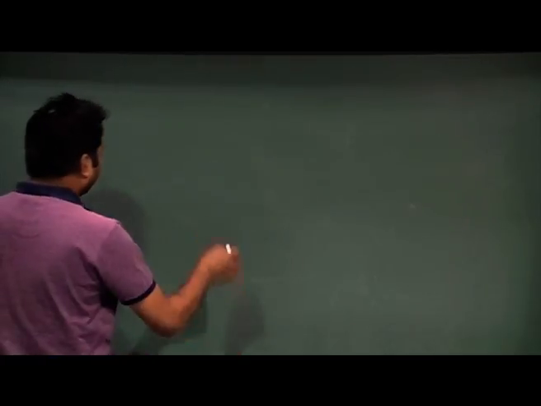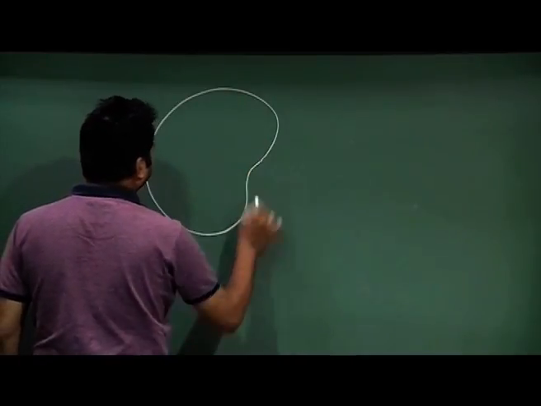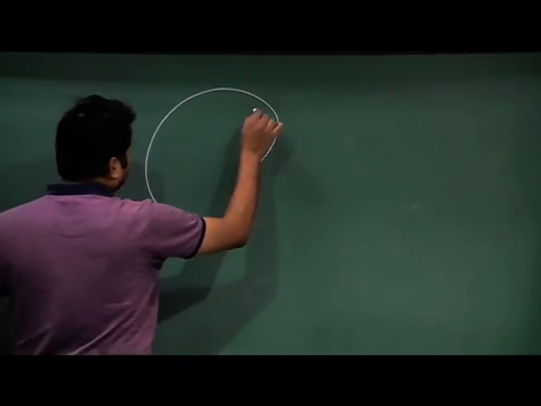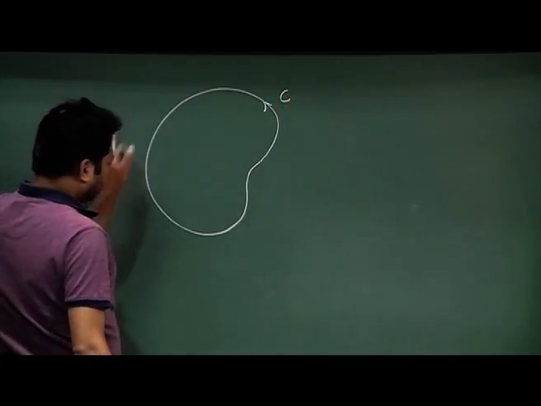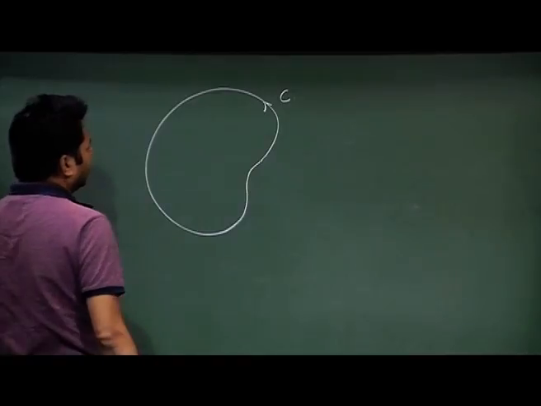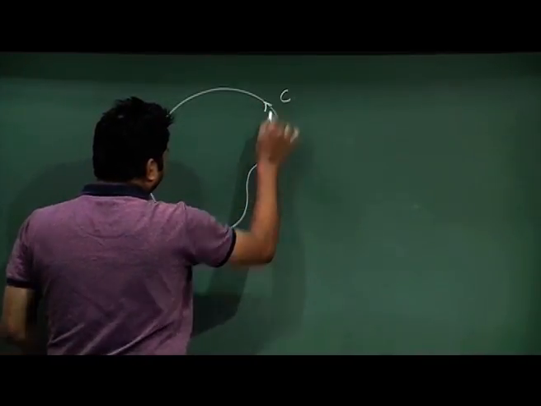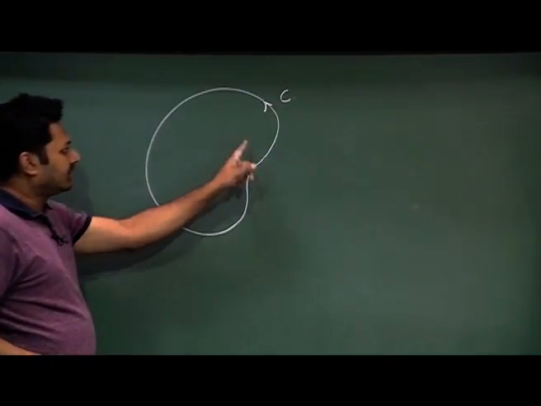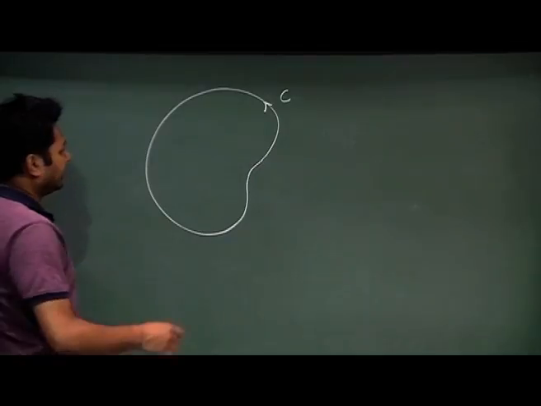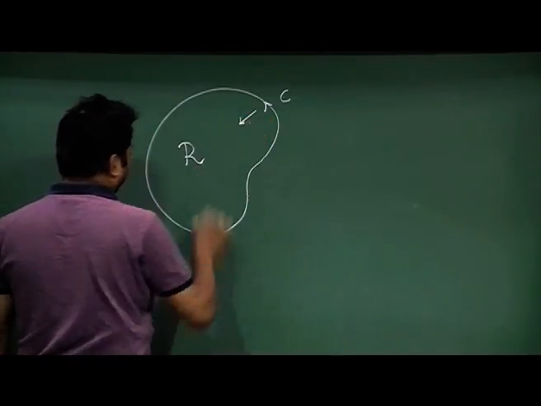Another important thing I would like to mention at this point, that we are talking about the region and all these things. So if a curve is like this, bounding some region, this is the region and this is the curve that I am talking about. Closed curve means it is bounding some region. So normally it depends on which direction I am going. So this direction is normally taken as the positive direction, because the left hand side is the region.